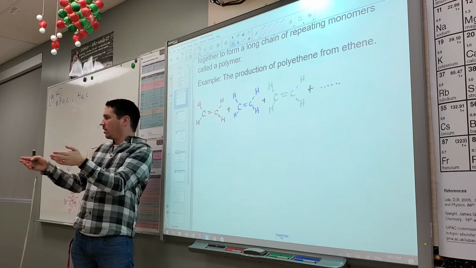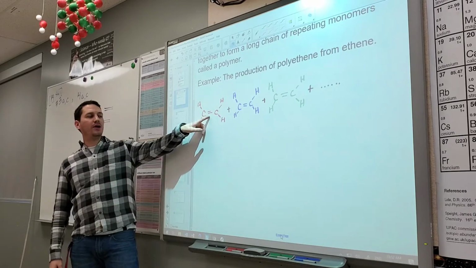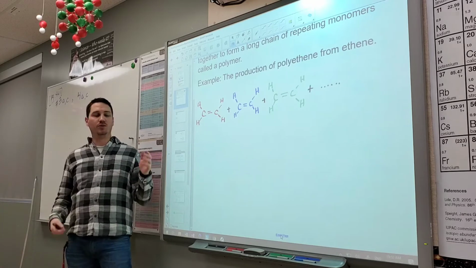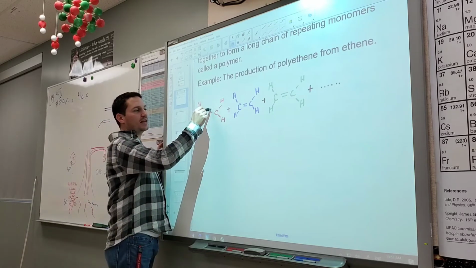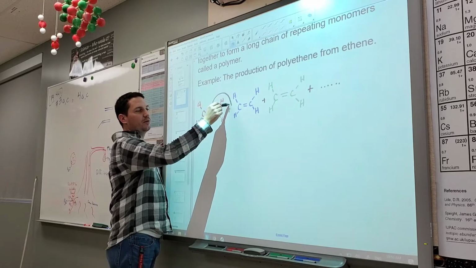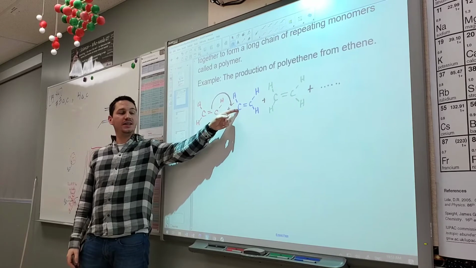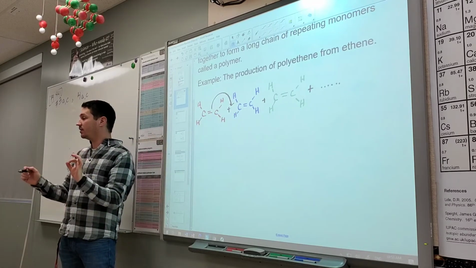On a terminal carbon, there should be three hydrogens. If we want to get rid of that double bond, we could add more hydrogen, but that's not going to make the molecule bigger. What we'll do is take the electrons from this double bond and form a bond between these carbons from these two separate ethene molecules.